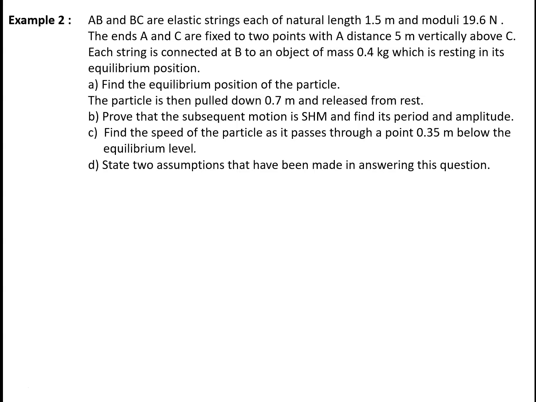So the first thing we have to do is find the equilibrium position of the particle. Then the particle is pulled down 0.7 meters and released from rest. We have to prove that the subsequent motion is SHM and find its period and amplitude.